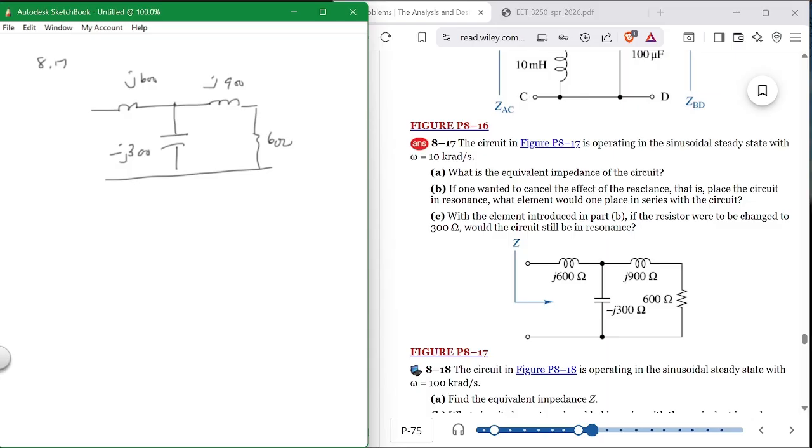600i plus 1 divided by, now this is parenthesis, 1 over minus 300j plus 1 over 600 plus 900j.